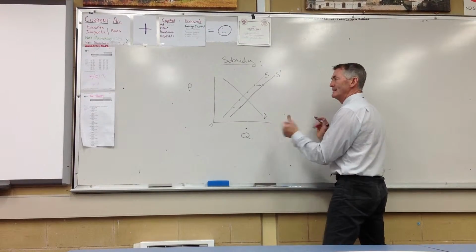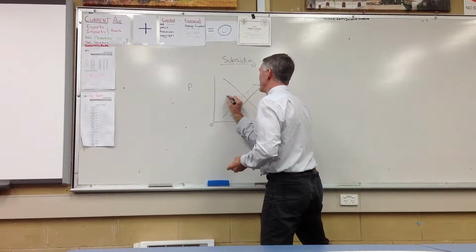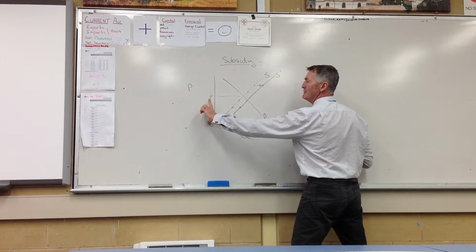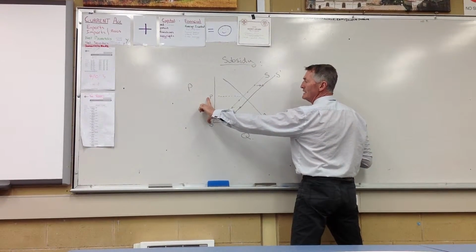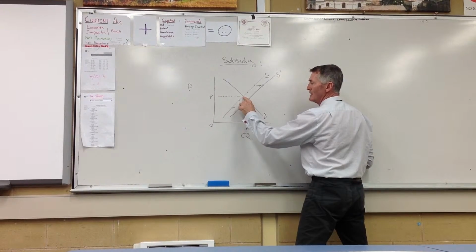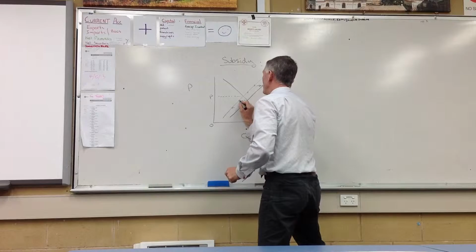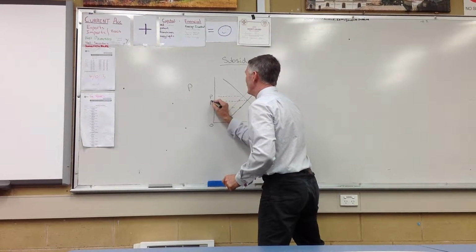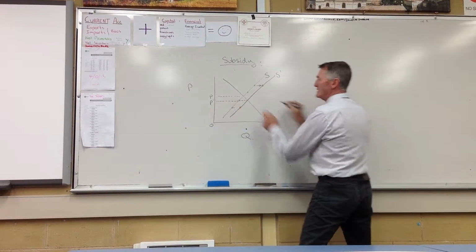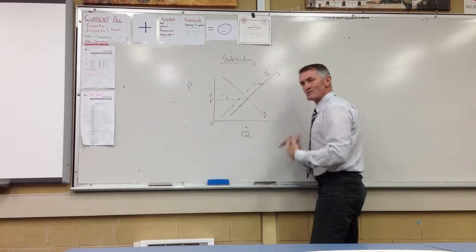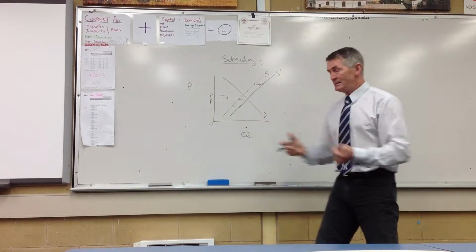The effect, from the government's point of view, is that for Australian producers, instead of producing at price OP, this equilibrium, the new equilibrium is here. The new equilibrium will be at a lower price of OP1.